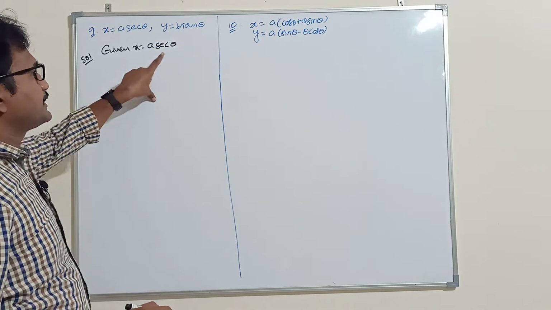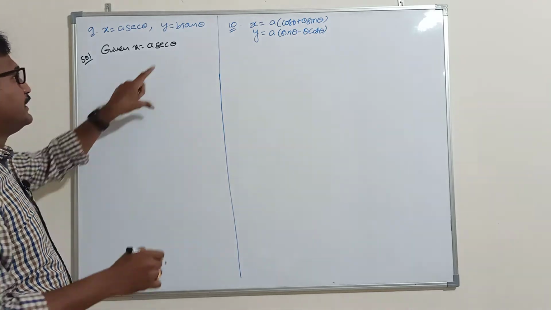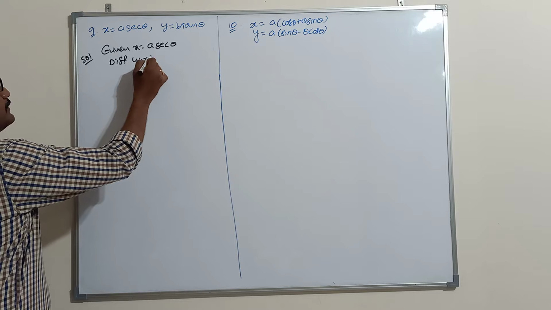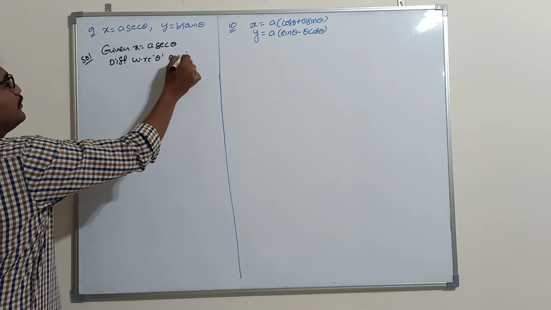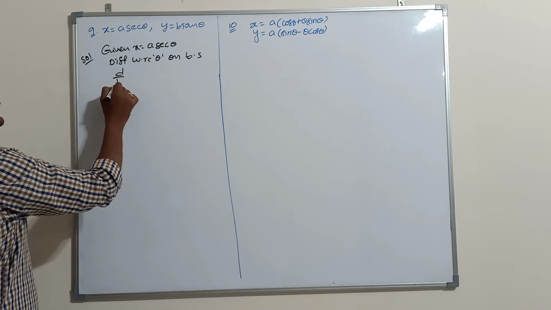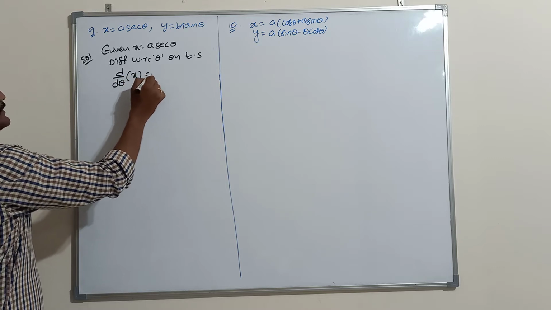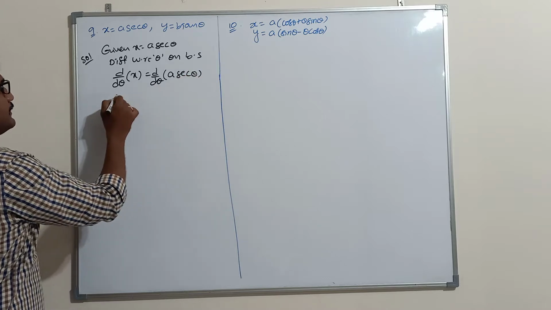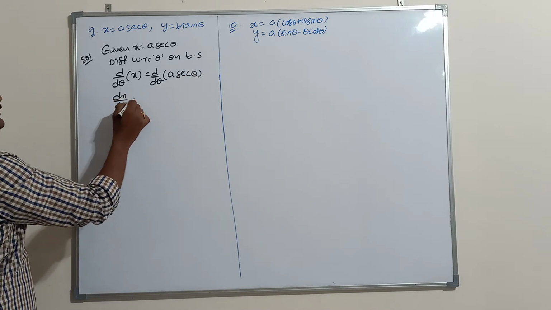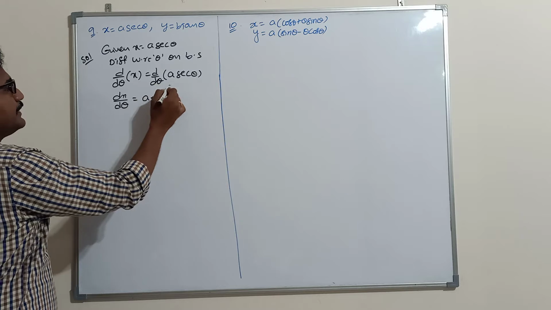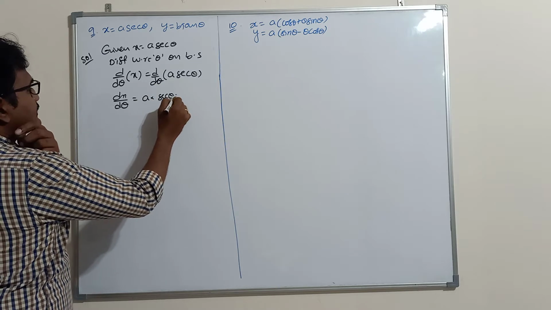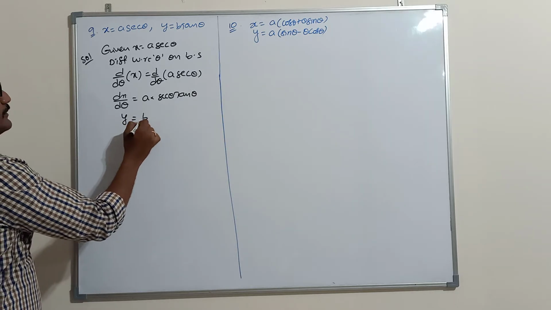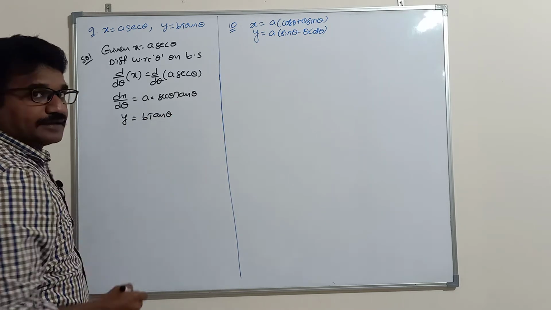So here equation x is in the form of variable theta. That's why differentiating with respect to theta on both sides, d by d theta of x is equal to d by d theta of a secant theta. dx by d theta is equal to a into derivative of secant theta, which is secant theta into tan theta. Next, similarly y is equal to b tan theta.